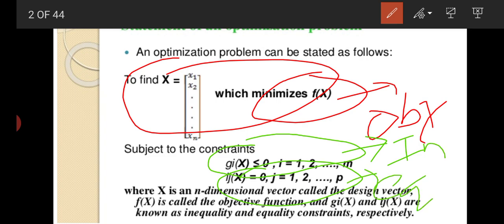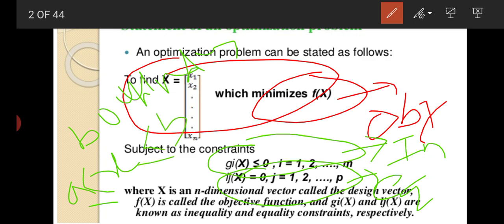And then there is one more constraint, not mentioned here, that is the boundary constraint, or side constraint, where x lies between some values a and b.